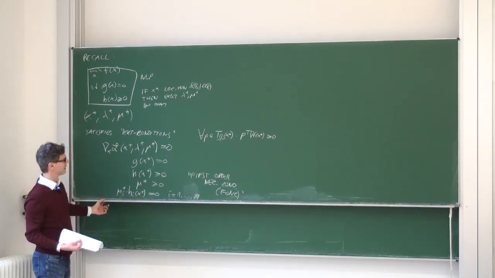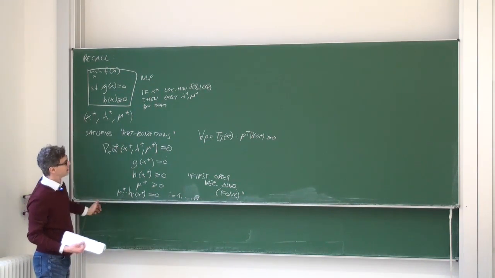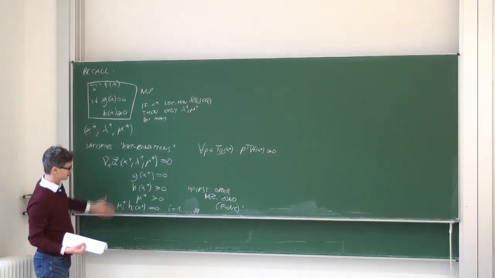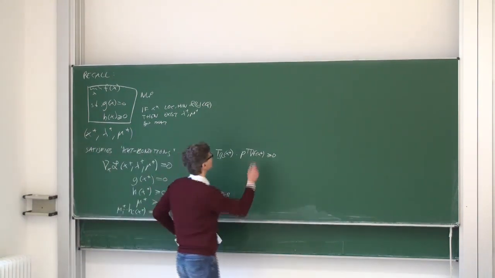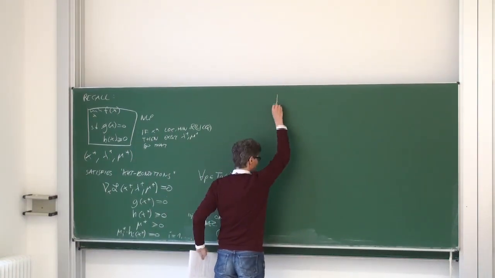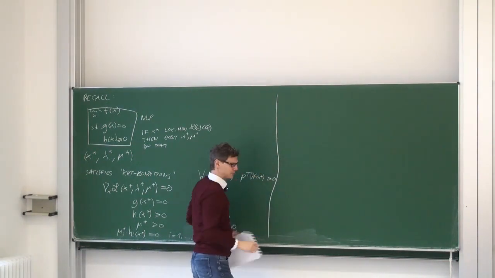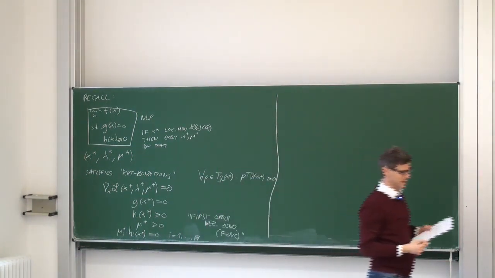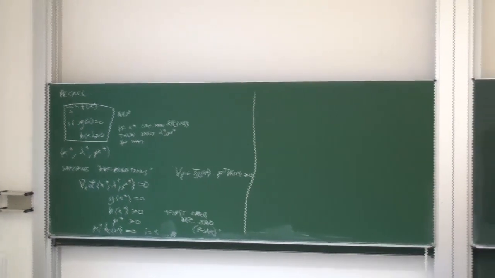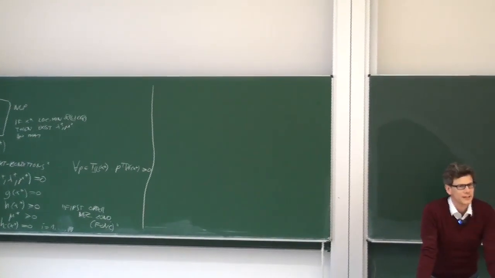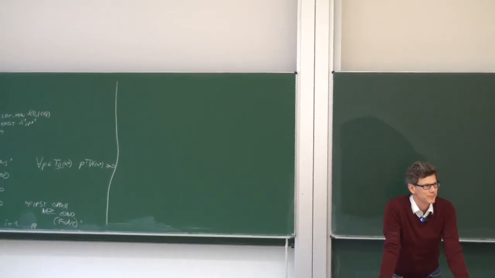And this allows you also to search for points that satisfy these things. That's what all algorithms for optimization do. They try to find points that satisfy KKT conditions. If you have found a point which satisfies KKT conditions, it doesn't mean that it's an optimizer, of course, but it's already a very hot candidate.